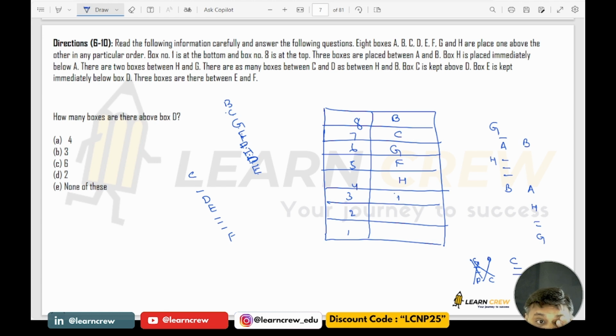A's position is given now. Box H is placed immediately below A. So now we did some mistake here. Let me do it again.